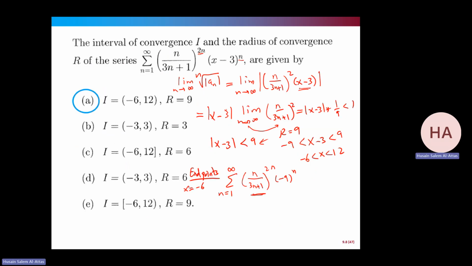Okay, so my claim is correct. Now this will be non-zero. Not this one, sorry.